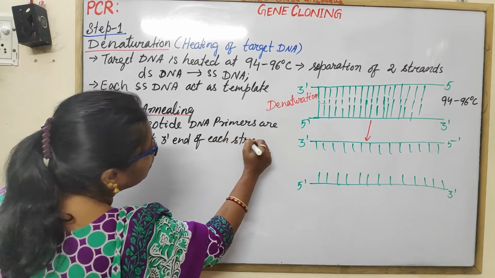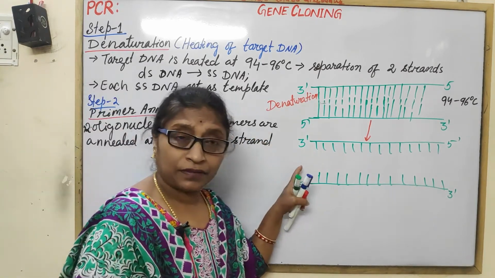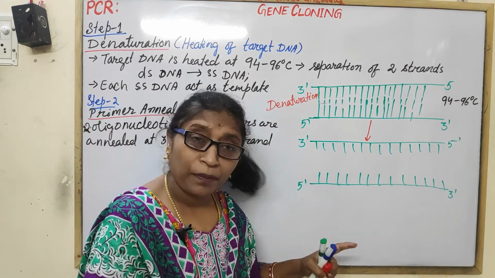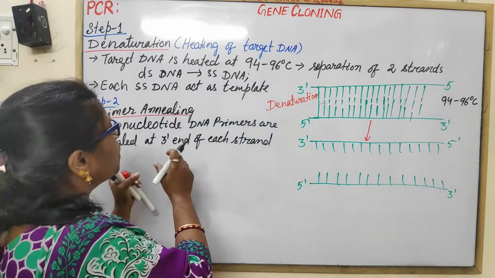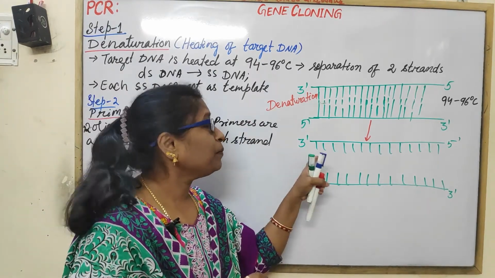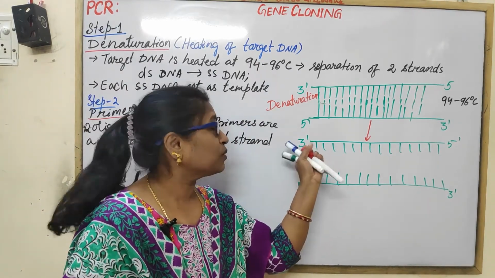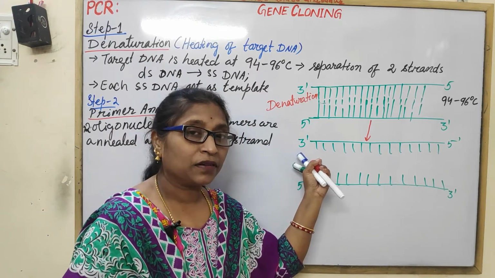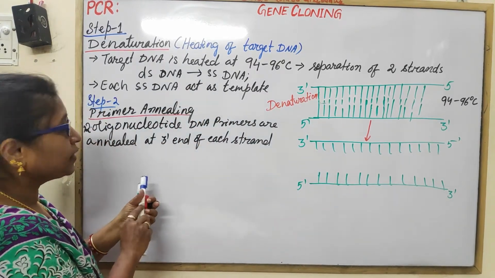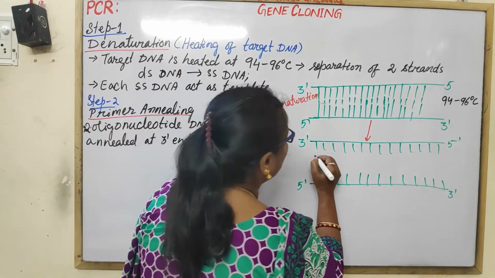Why to the 3 prime end? Why not the 5 prime end? Because the oligonucleotide primers are complementary to the nucleotide sequence of the 3 prime end. That's why they are attached to the 3 prime end.